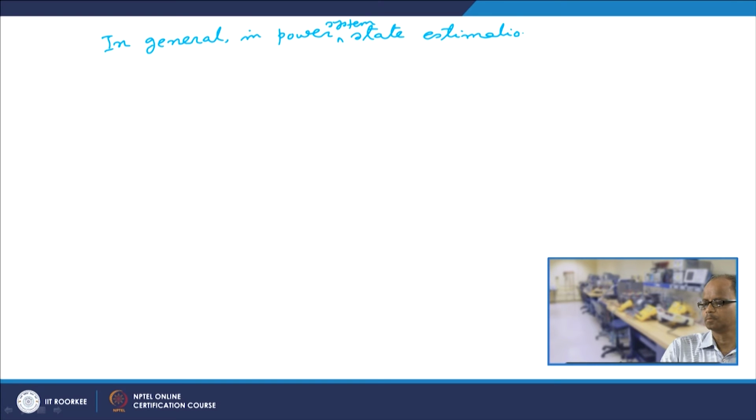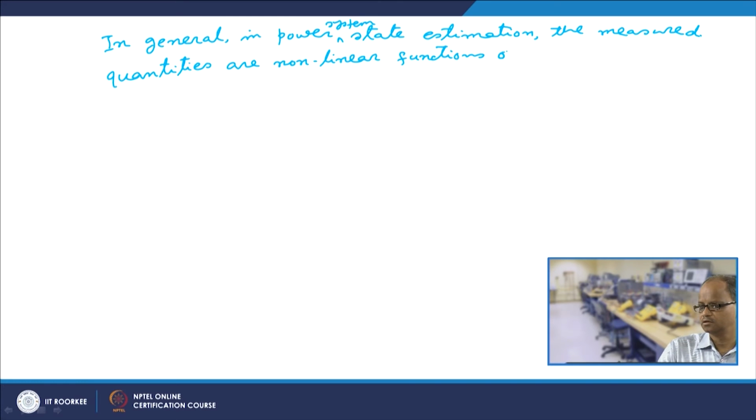So, we note that in general in power system state estimation, the measured quantities are, and this is a very important observation, nonlinear functions of the state variables.